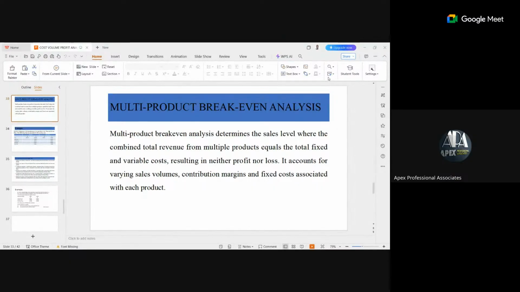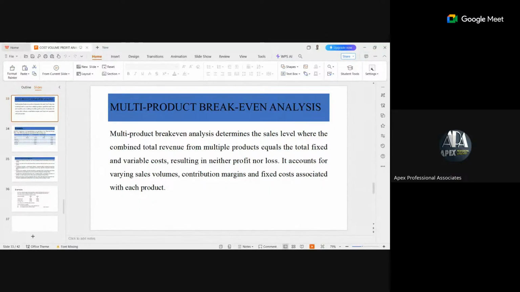Based on this slide, I put forth that multi-product break-even analysis determines the sales level where combined total revenue from multiple products equals total fixed and variable cost, resulting in net profit number. So it accounts for varying sales volumes, contribution margins, and fixed costs associated with each product. That is by way of introduction.